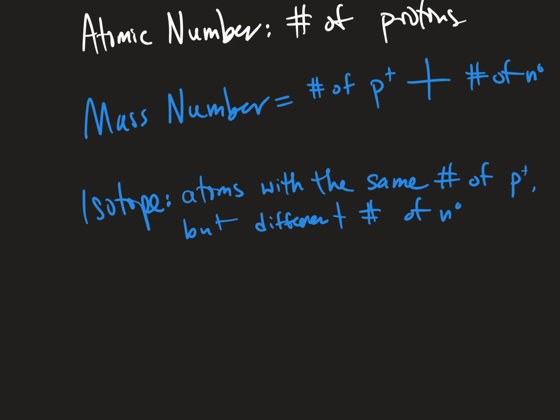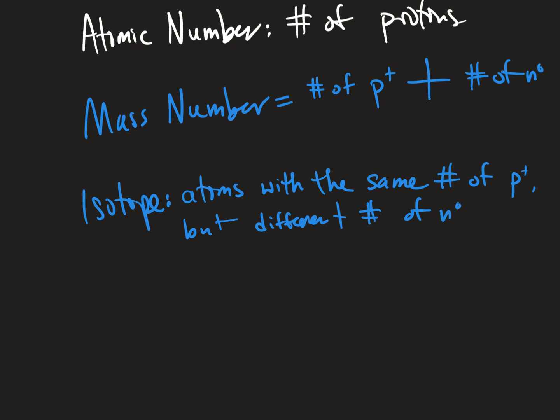How do we differentiate isotopes? By their what? Their mass number. Because if it has a different number of neutrons, it has a different mass. But it has the same atomic number, right?